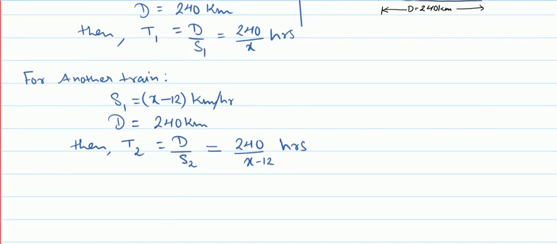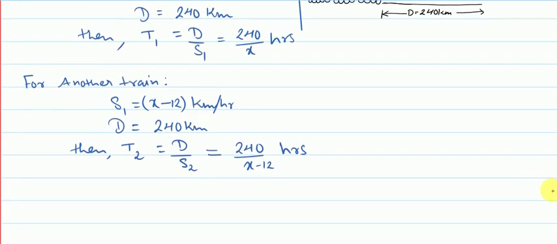The one which is moving with more speed will take less time, yes or no, and the one which is moving with smaller speed, low speed, will take more time. Here you can see that the other train has less speed, x minus 12, so obviously this t2 will be greater.